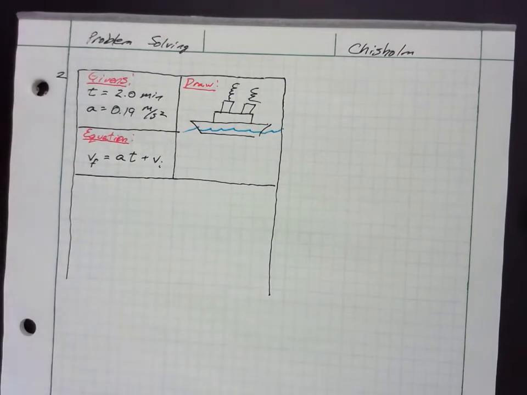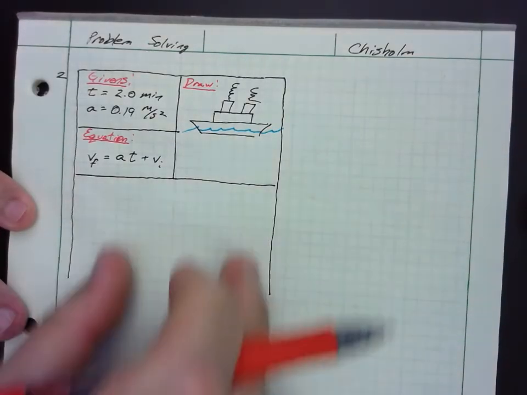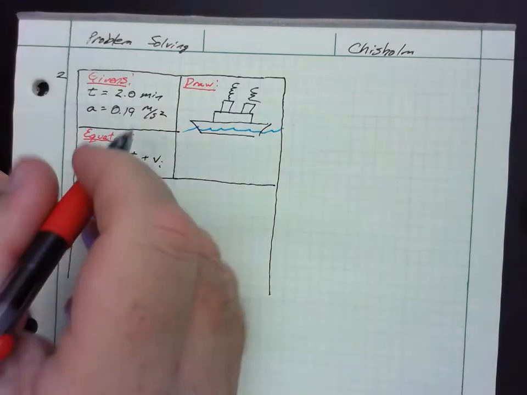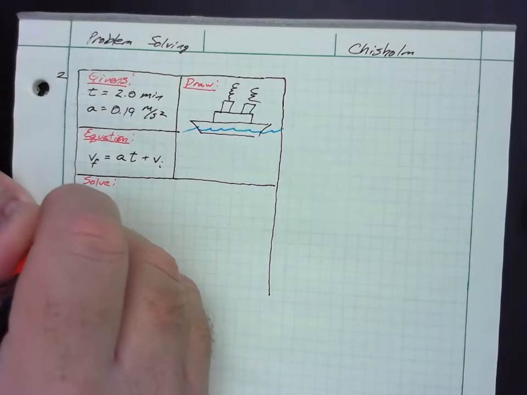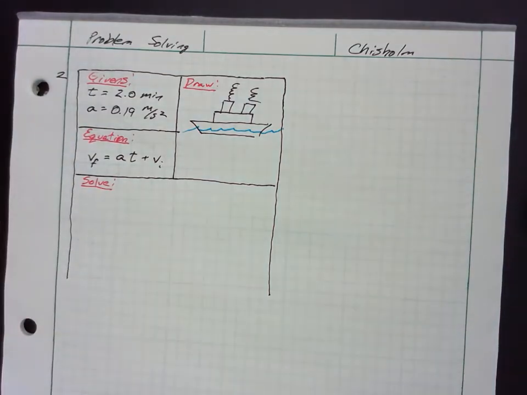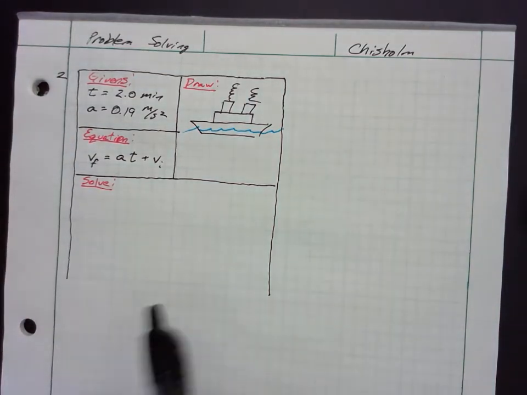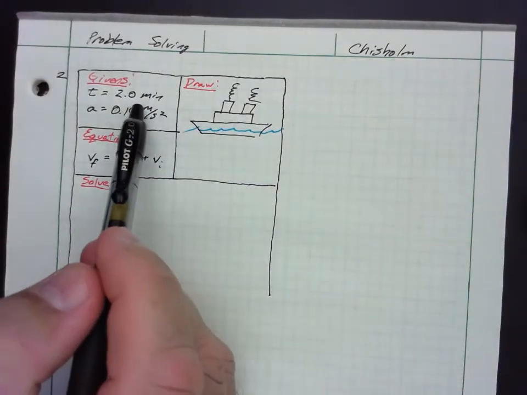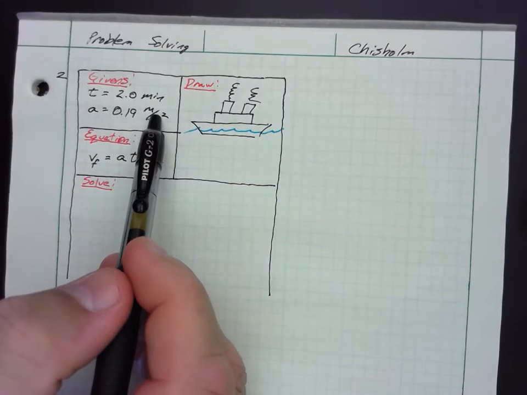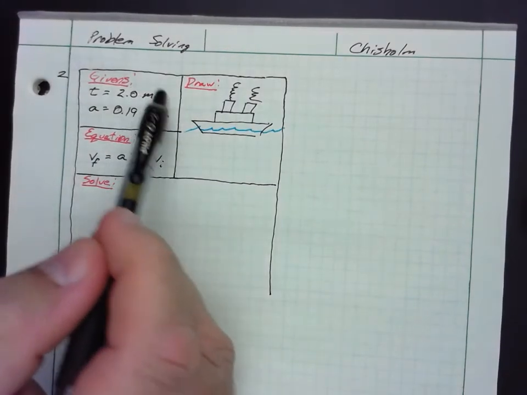Then the last box down here, this is where you're going to solve the problems. Okay, so I'm going to write the word solve here and underline that. Now, before I solve, I'm going to look at this and say, all right, I need meters and I need seconds. But here, this is minutes.